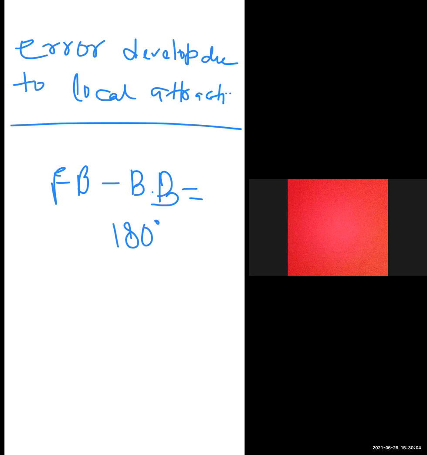The presence of any iron substance near the compass or any magnetic field will make the difference between forward bearing and back bearing not equal to 180.